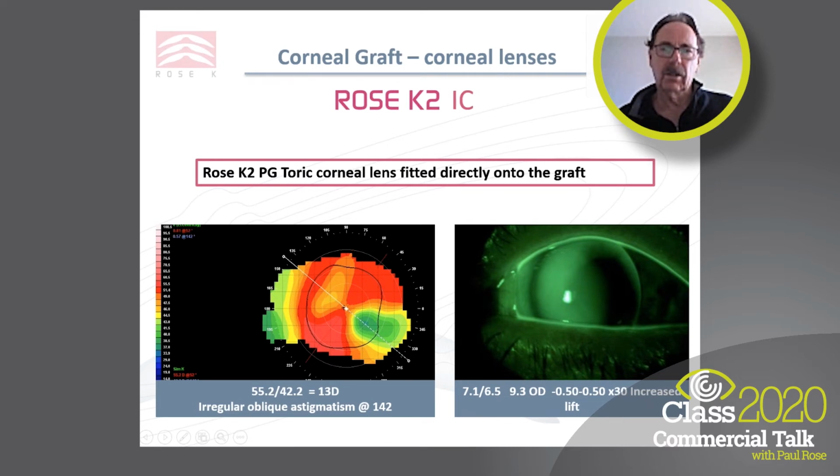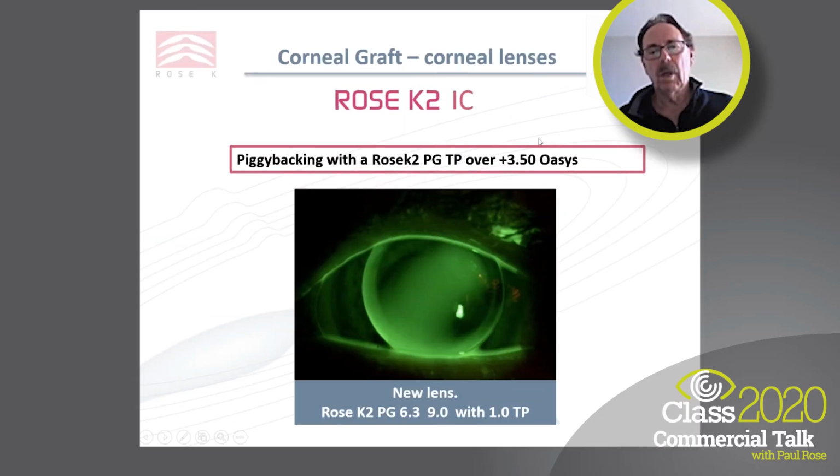So I wondered if I could help it. This patient had limited wearing time. So what I did was use a +3.50 Oasis to create a new shape centrally, and I piggybacked an IC lens over the top of that.